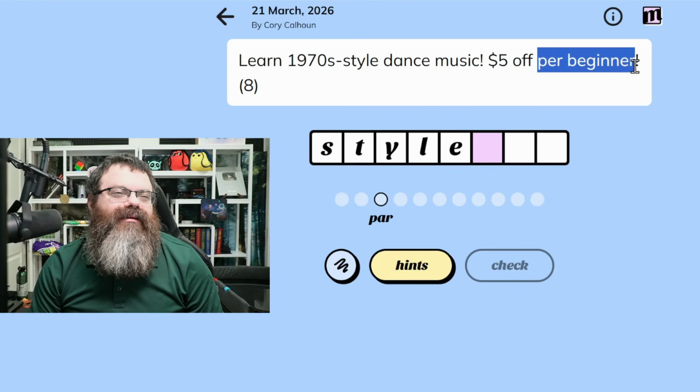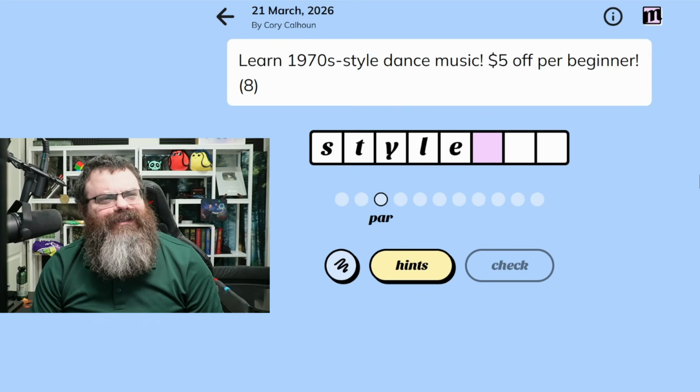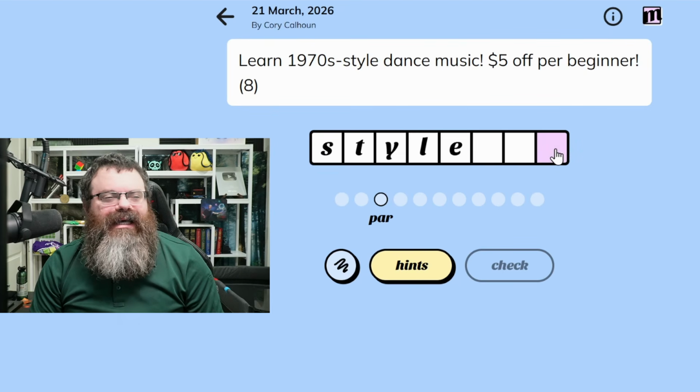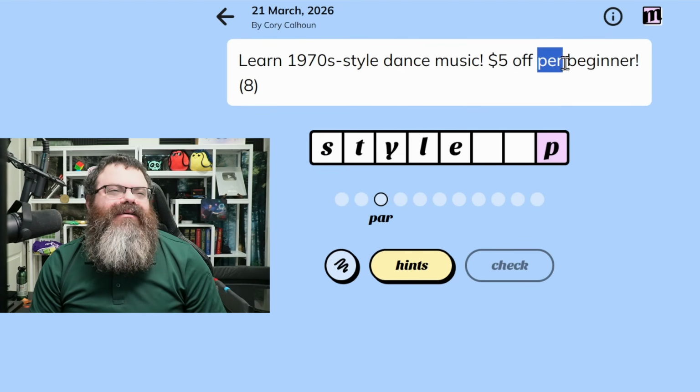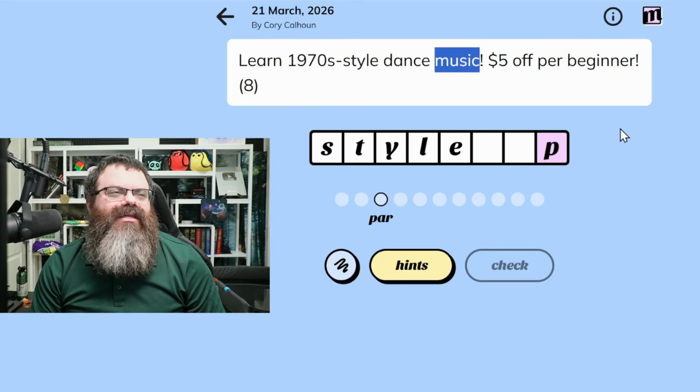Per beginner. Shoot. So what would probably have to happen is per beginner would be the P, and then somehow $5 off removes 3 letters from music, leaving just 2.